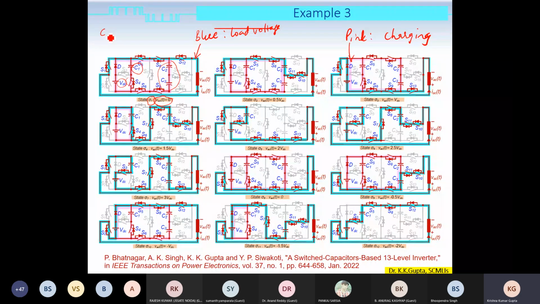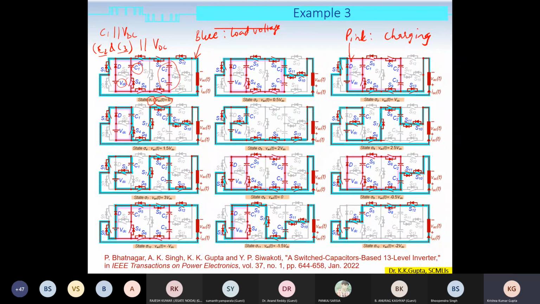So C1 is in parallel with VDC, which means that it will get charged to a voltage equal to VDC, and C2 and C3, which are in series, are in parallel with VDC, which means that both C2 and C3 will attain a voltage equal to 0.5 VDC each.